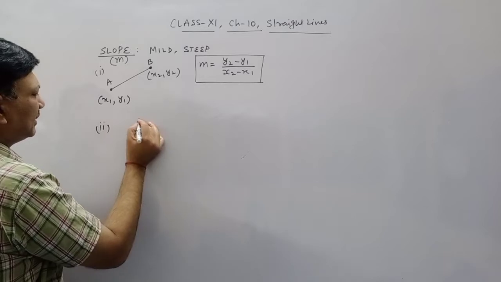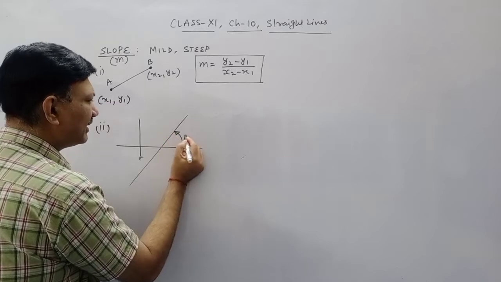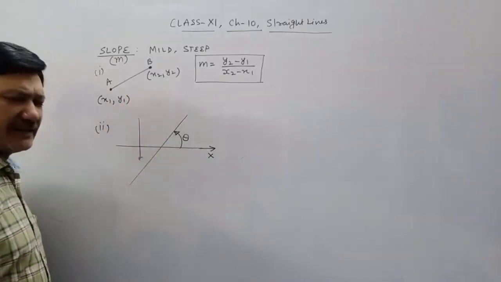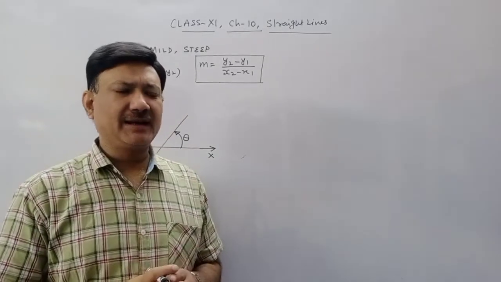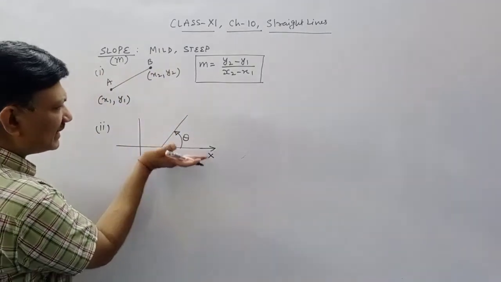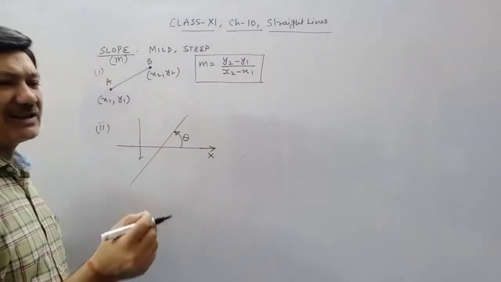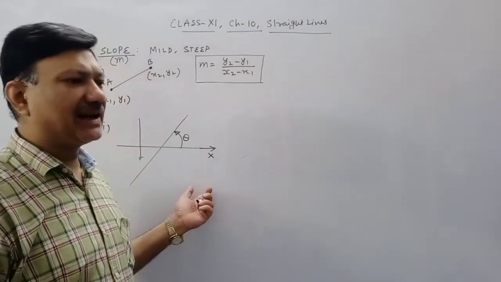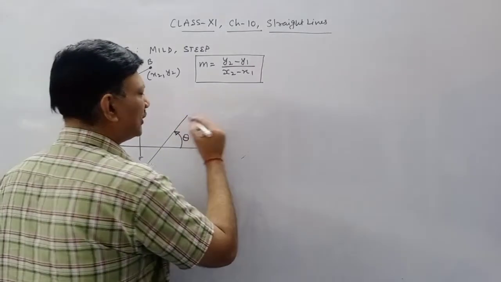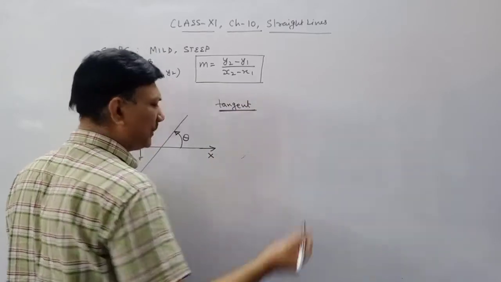Second one, suppose that a line makes an angle theta with the positive x-axis in the anti-clockwise direction. Then tan of this angle, from the trigonometry you studied in 10th class, sin cos tan, gives us the value of the slope. Once again I am repeating, tangent.